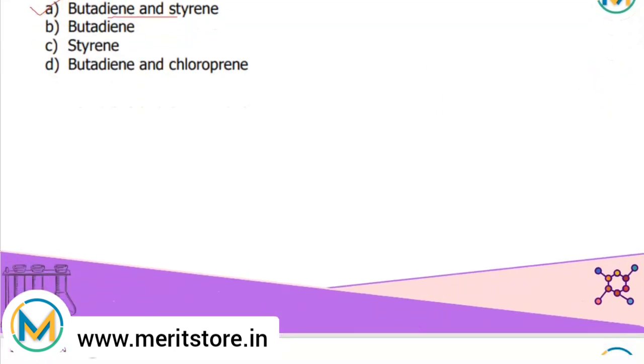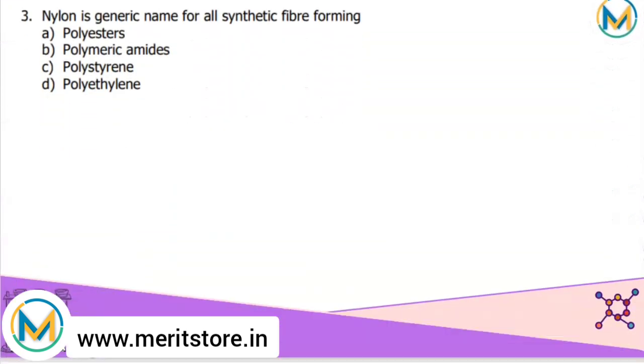Looking towards the next question: nylon is the generic name for all synthetic fiber forming compounds. So the fiber formings are polyesters, polymeric amides, polystyrene or polyethylene.